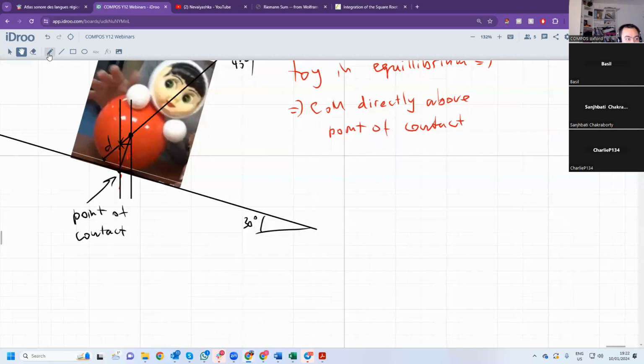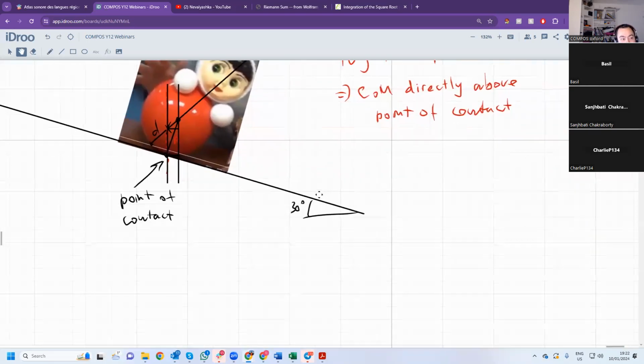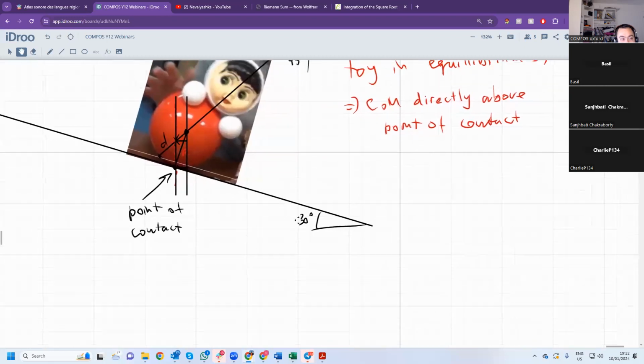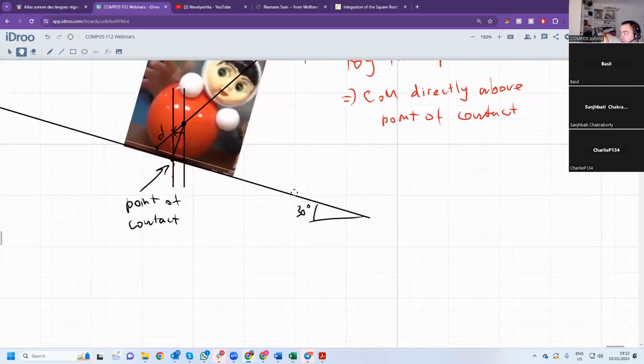Yes, because there's no torque around the point of contact. There's no moment around the point of contact because the force goes through the point of contact. Therefore, it won't tilt. So we will have to draw this.